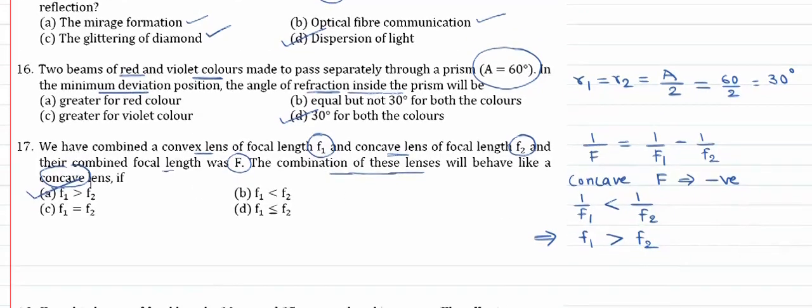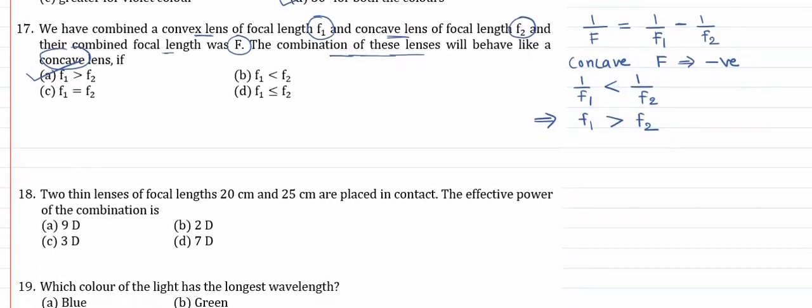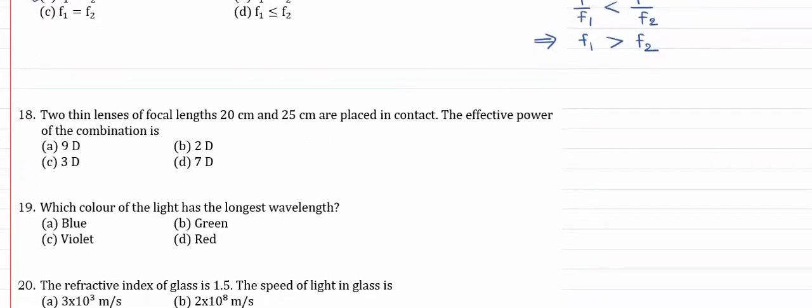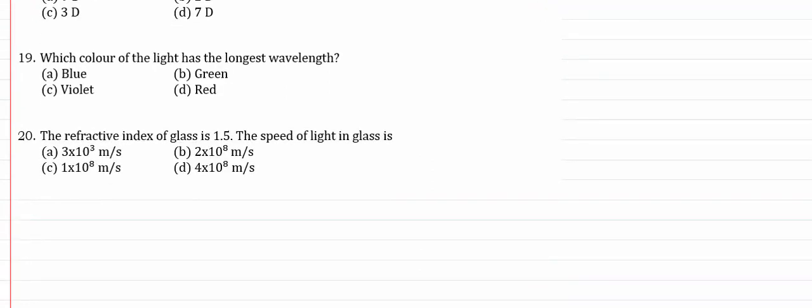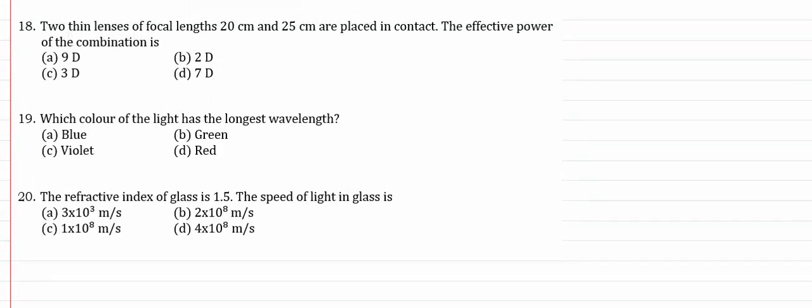Next, 18th. Two thin lenses of focal length 20 and 25 centimeter are placed in contact. Their effective power is asked. Effective power is given by P1 plus P2. Power is the reciprocal of focal length in meters.